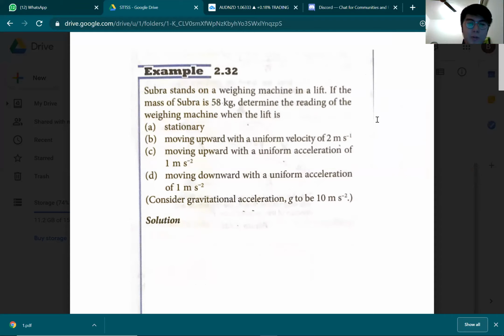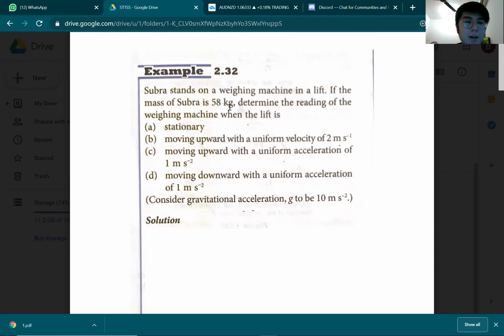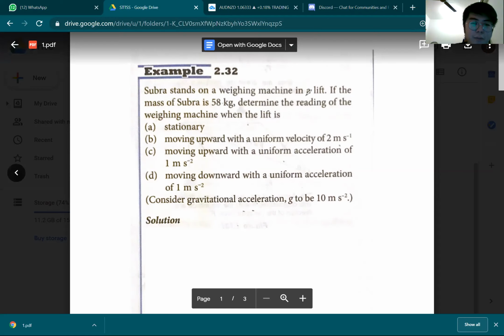Example 2.32. Subra stands on a weighing machine in a lift. If the mass of Subra is 55 kg, determine the reading of the weighing machine when the lift is stationary. When the lift is stationary, what equation do you have? R equals mg, right? Stationary, so it's balanced, there's no net force. So for the reading of the weighing machine, you calculate R.